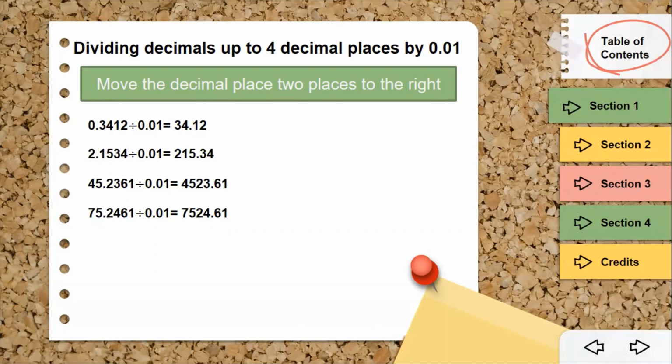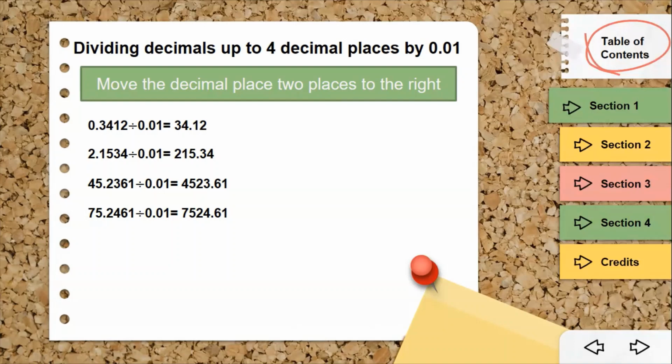Okay, so last example here. 75 and 2,461 10,000s divided by 1/100. Move the decimal point 2 places to the right. And for our final answer, the answer is 7,524 and 61 hundredths. Okay, so it's just very easy.